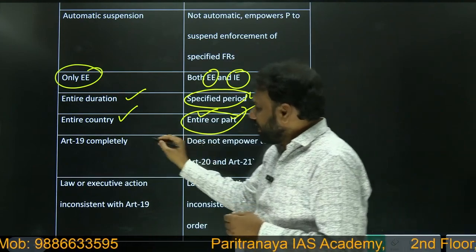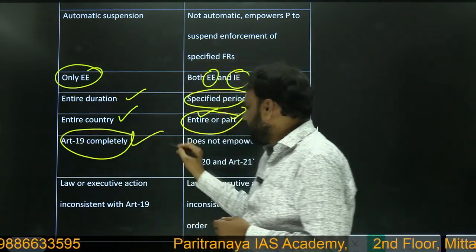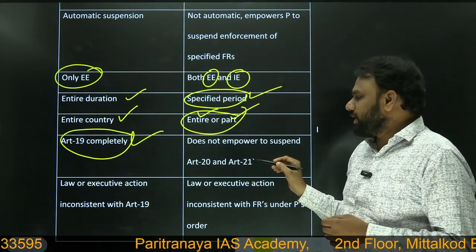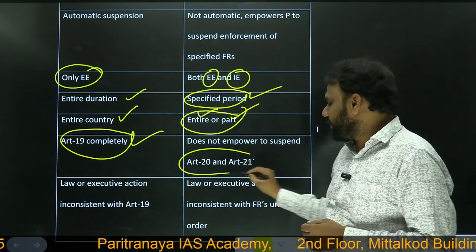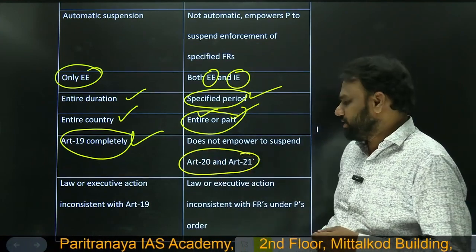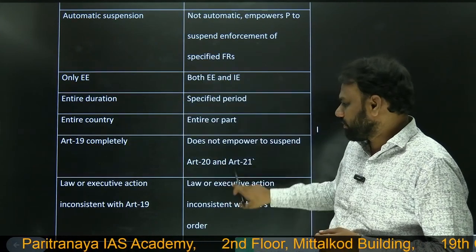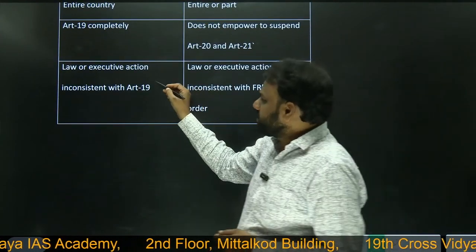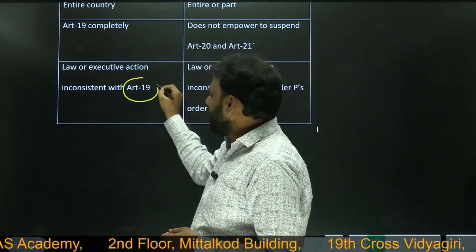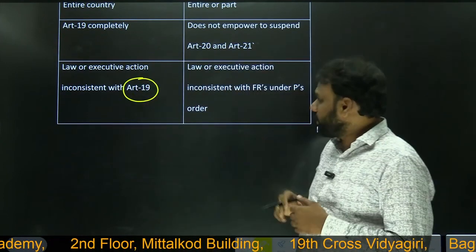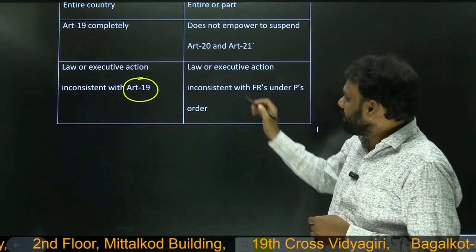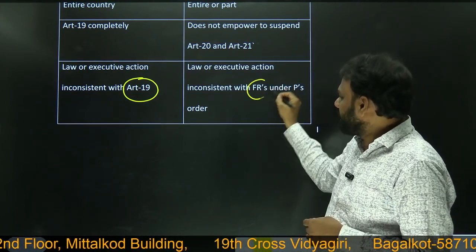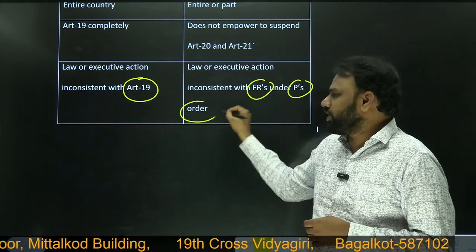Next, article number 19 is completely suspended, but when it comes to other provisions, article number 20 and 21 cannot be suspended. We already saw that law or executive action inconsistent with article number 19 cannot be challenged. Similarly, law or executive action inconsistent with fundamental rights under the President's order cannot be challenged in court.